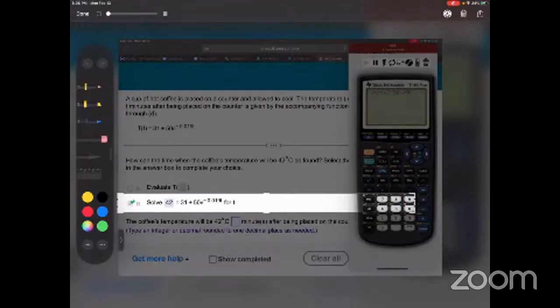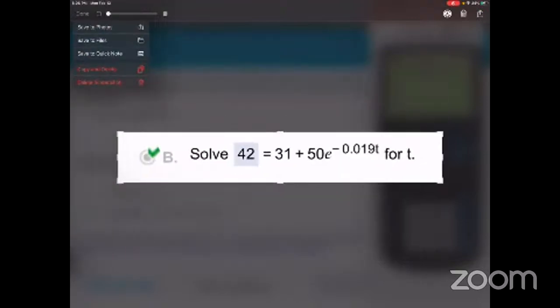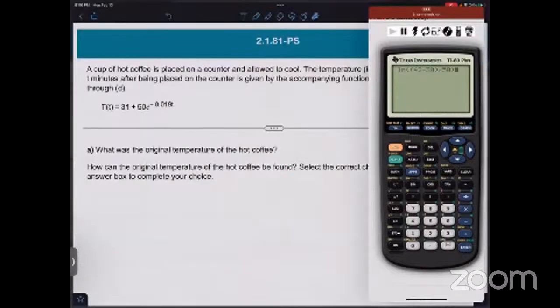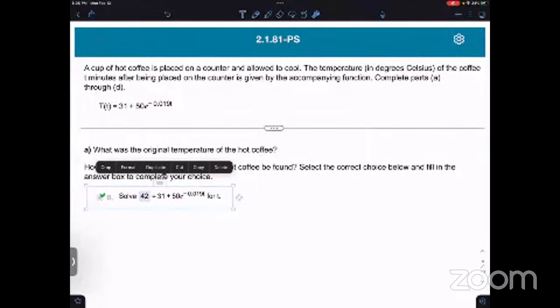Okay, so let me hit done and copy and delete. I'm going to go here. So what we're doing is solving this equation.